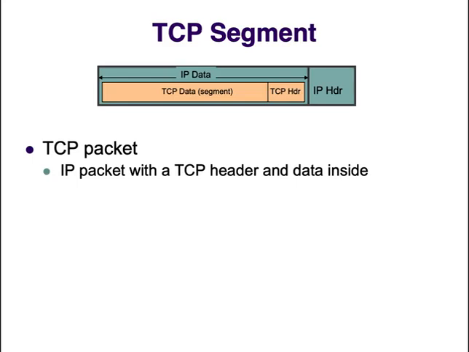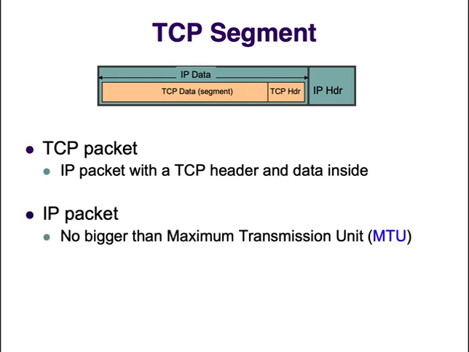Digging into the TCP segment a little bit more, a TCP packet looks like what I have up here. And a TCP packet is always an IP packet, because all packets are IP packets. But inside the payload of the IP packet, you have a TCP header and you have a TCP segment, which is the actual application data we're carrying.